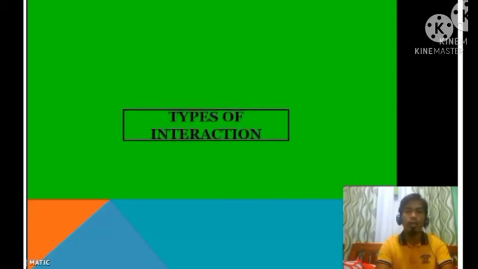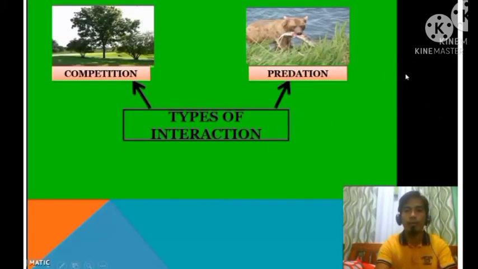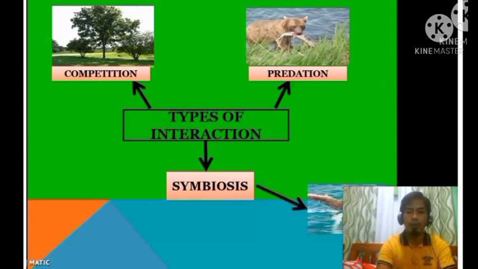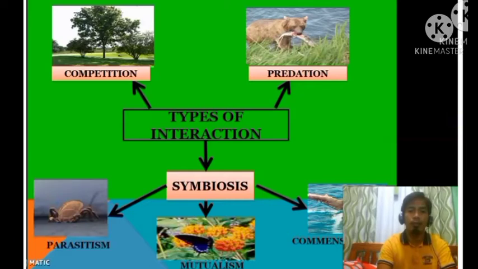Basically, there are three main types of ecological relationships, namely predation, competition, and symbiosis. Symbiosis is subdivided also into three types. We have commensalism, mutualism, and parasitism.